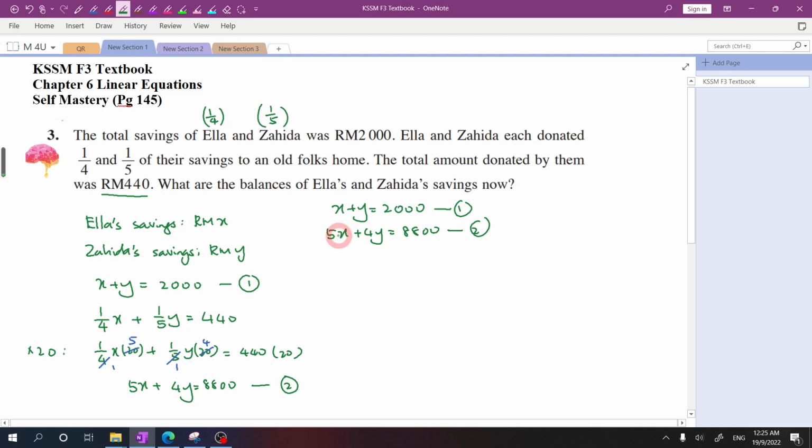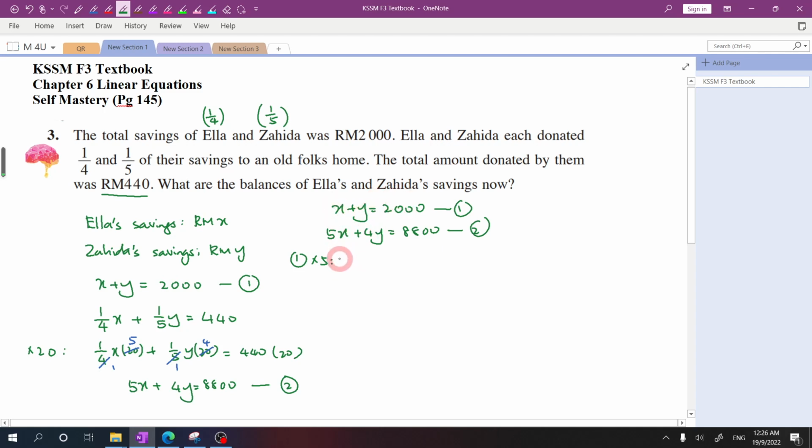This is 5x, this is 1x. So how to change 1 to become 5? I am going to multiply the first equation by 5. The reason I multiply the first equation by 5 is to change x to become 5x, so that I can eliminate the 5x. Multiply by 5, multiply by 5, multiply by 5.